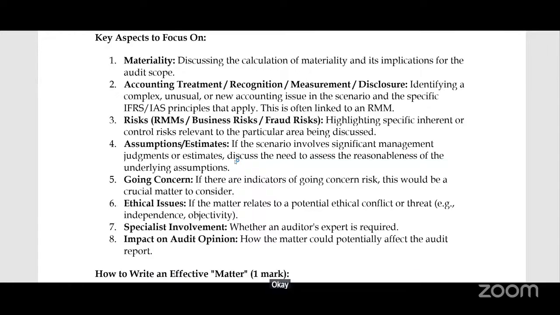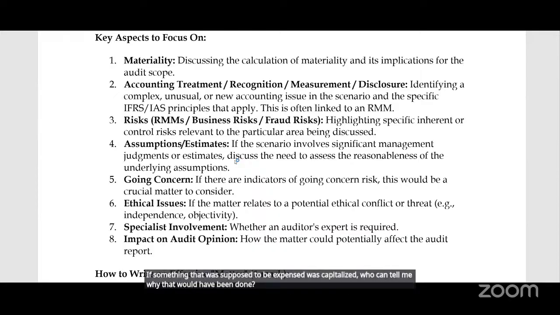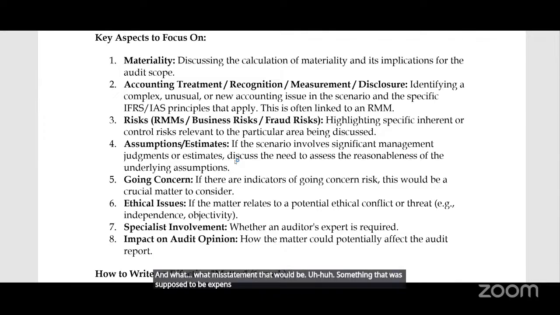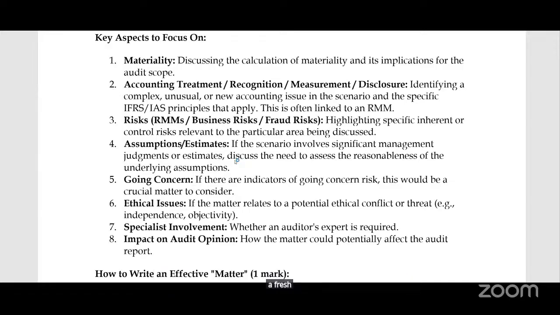So let me ask you something here. Think from ethics: if something that was supposed to be expensed was capitalized, who can tell me why that would have been done and what misstatement that would be? Something that was supposed to be expensed has been capitalized. Think like a fresh accounting student. What is the implication on the account? Something that was supposed to be expensed was added to assets.